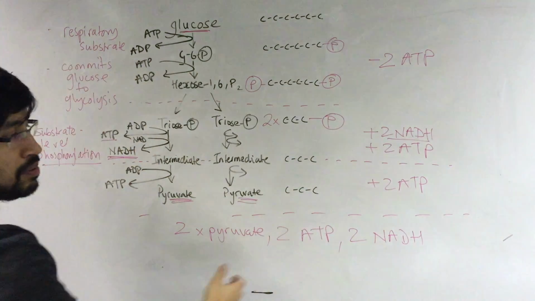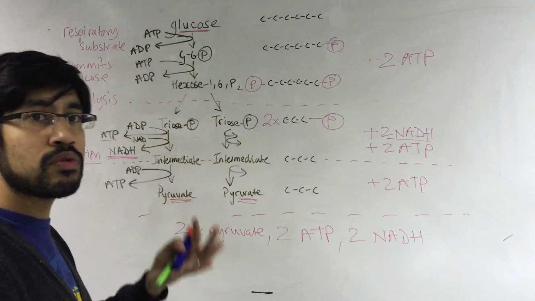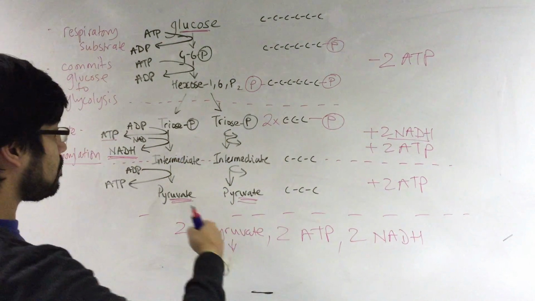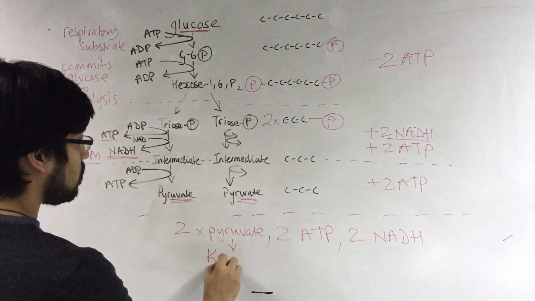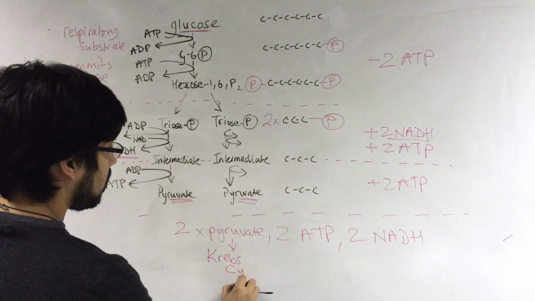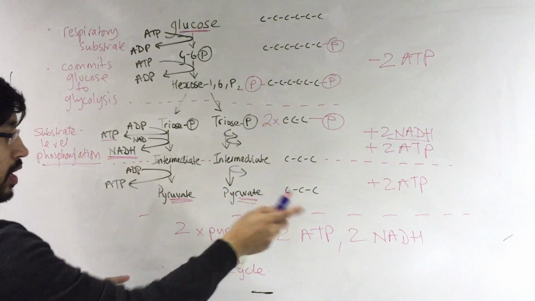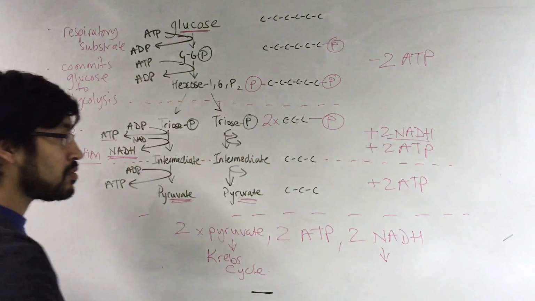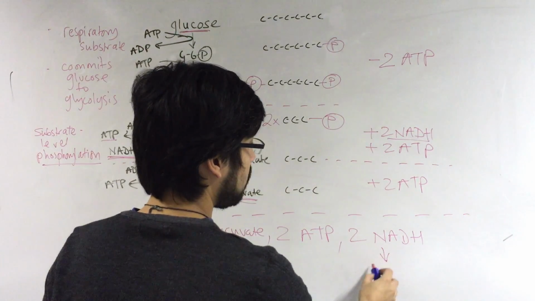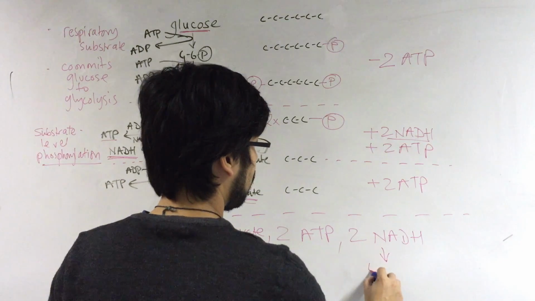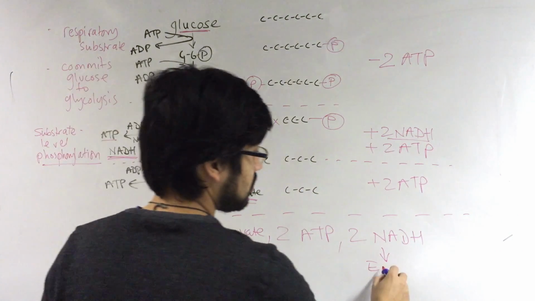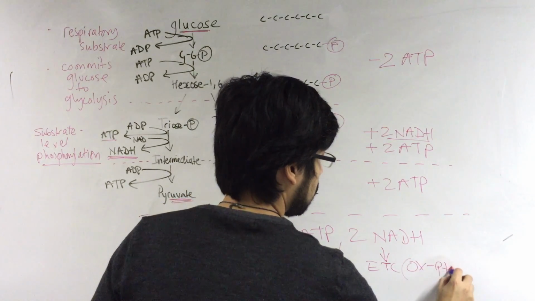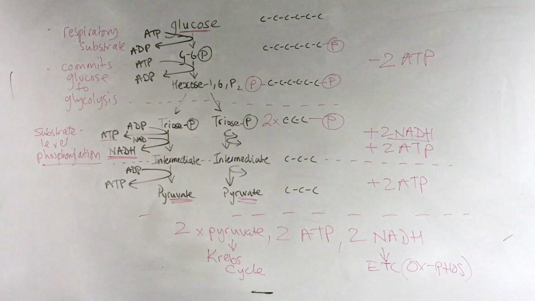Okay, so what's going to happen here? Well, this ATP just contributes to the overall net production of ATP. The pyruvates are going to go to the Krebs cycle, and the NADH will be transported into the mitochondria, where they will then pass on their electrons into the electron transport chain for oxidative phosphorylation.